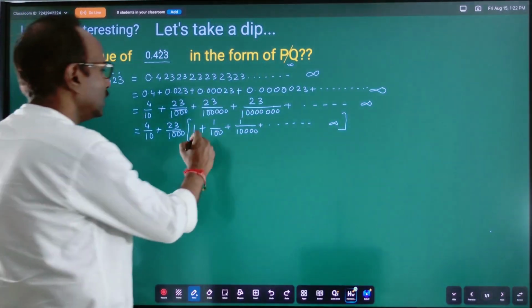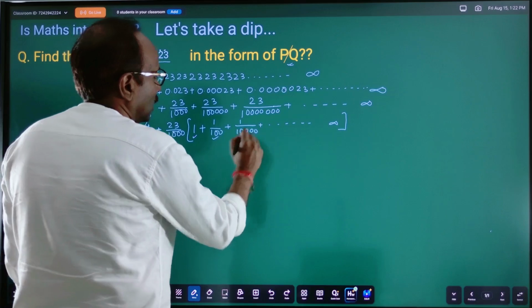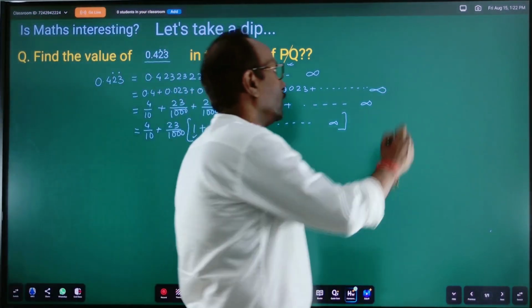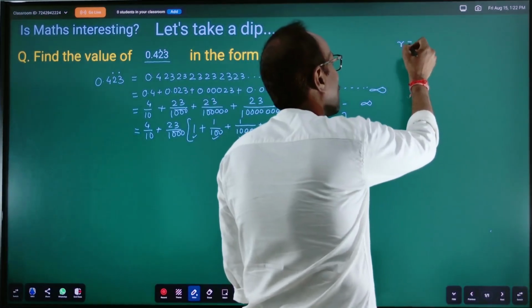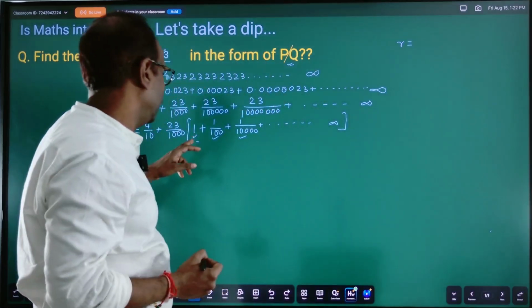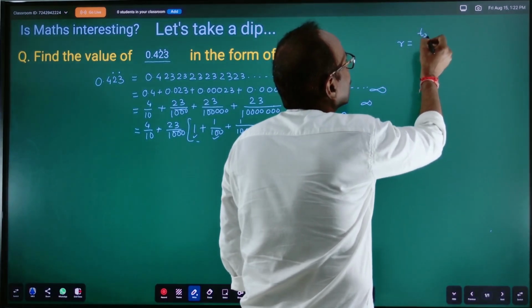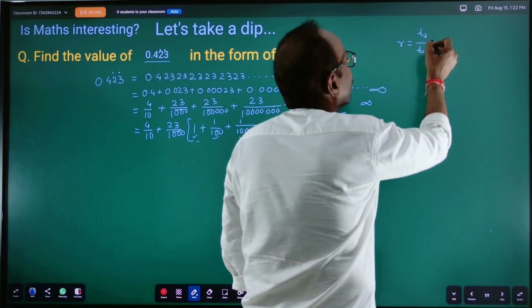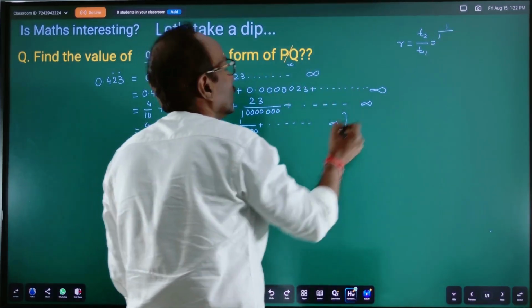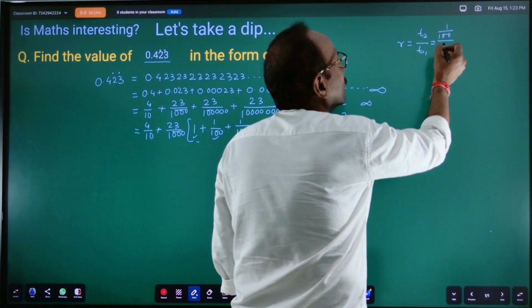You can see here that the ratio between the second term and the first term, this one is 1 by 100 and this is 1.